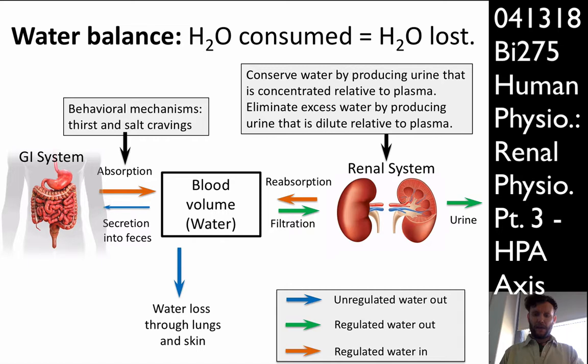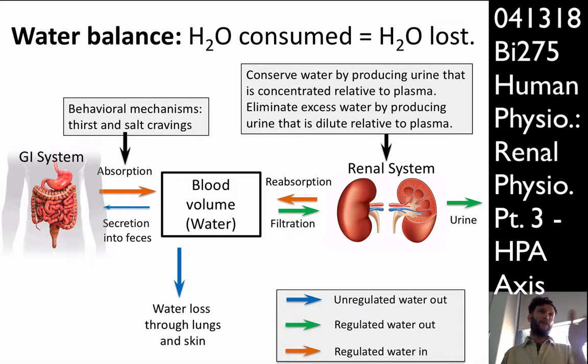And then the other half of this, on the conservation side, is at the kidneys, and so the reabsorption of water from the tubular fluid. The goal here is to simply conserve water by producing urine that is concentrated relative to the plasma.